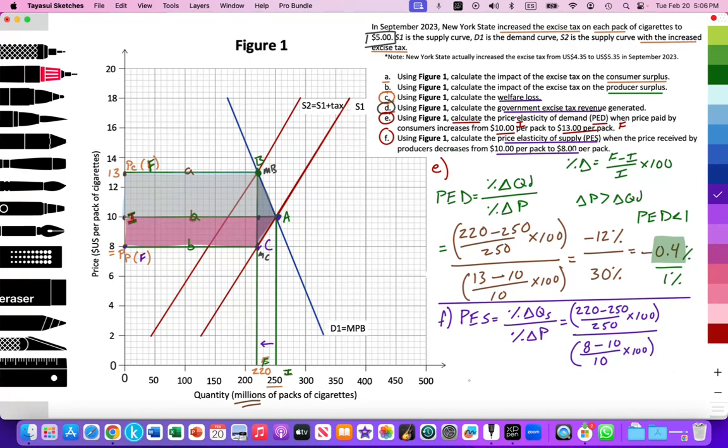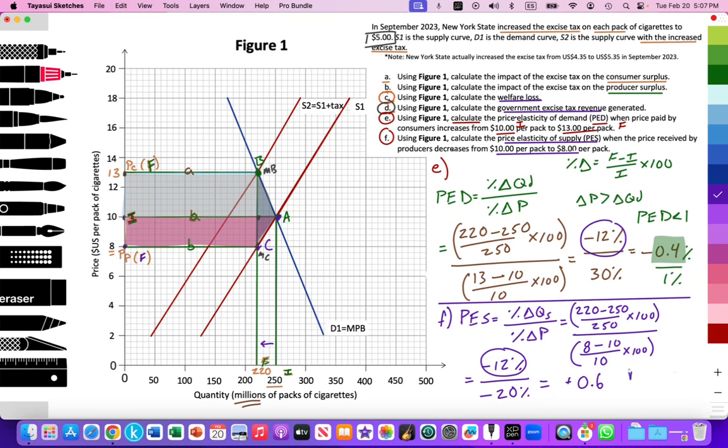Okay, and we do that, and it works out to negative 12%. We see that's the same here, because the quantity is the same, divided by the change in the price received by the producer. The producer's price fell by 20%. Negative 12 divided by negative 20 works out to 0.6.